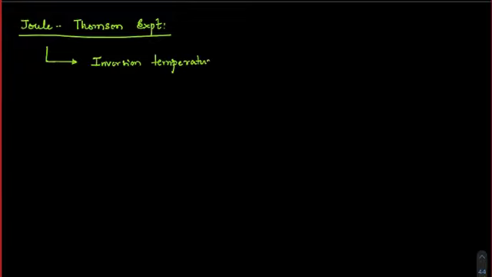Very good. So inversion temperature Ti is 2 times A by Rb, which is what you will get from this experiment. And the Joule-Thomson coefficient mu is defined as dou T by dou P at constant enthalpy. So this is an experiment done at constant enthalpy for real gases.